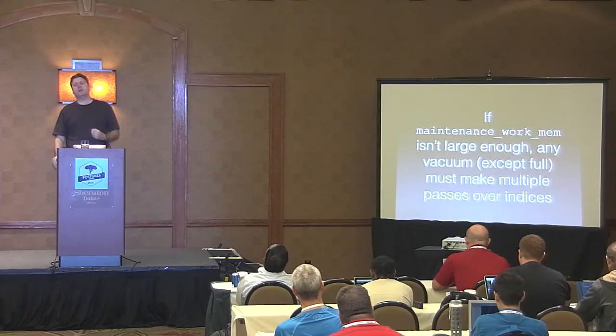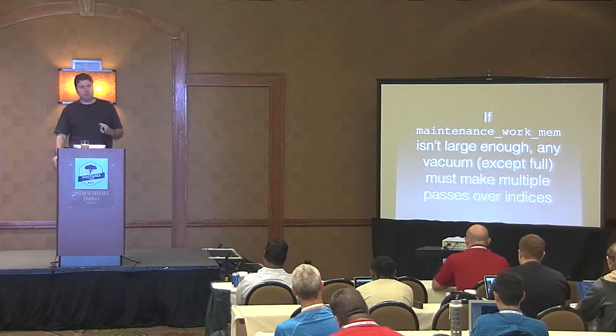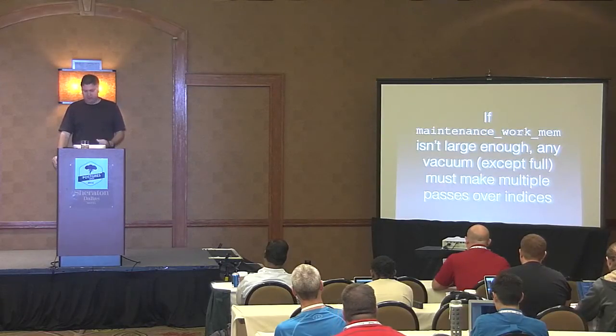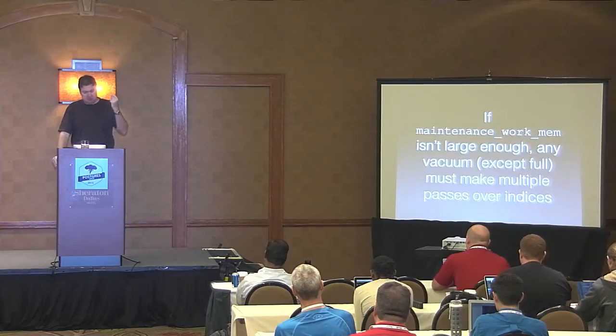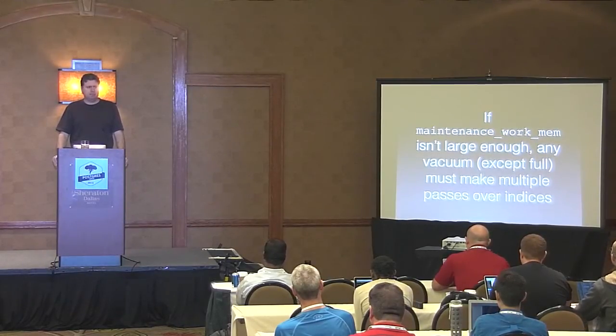So always, always, always be careful about your maintenance_work_mem. Make sure it's not set really low. Honestly, on pretty much any production server hardware you're going to hit nowadays, I just set that to the max, which I think is still 1 gig, and just leave it there.